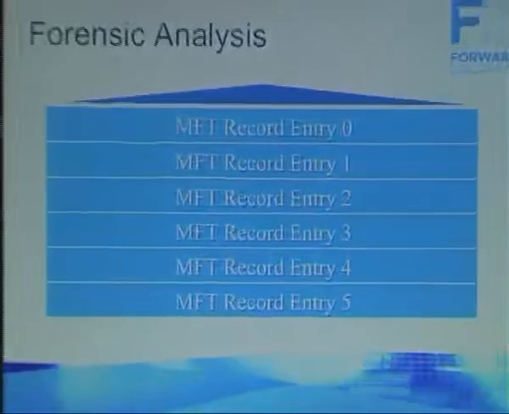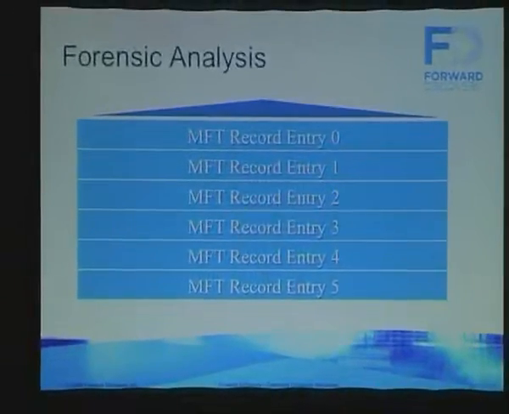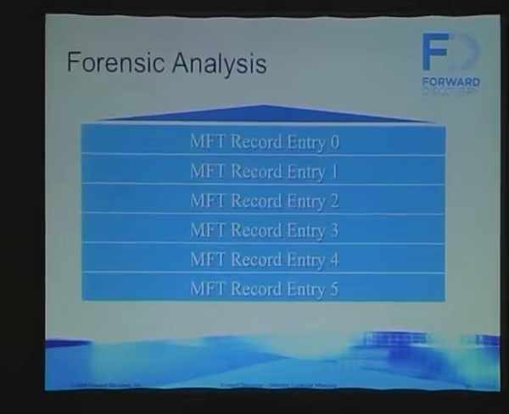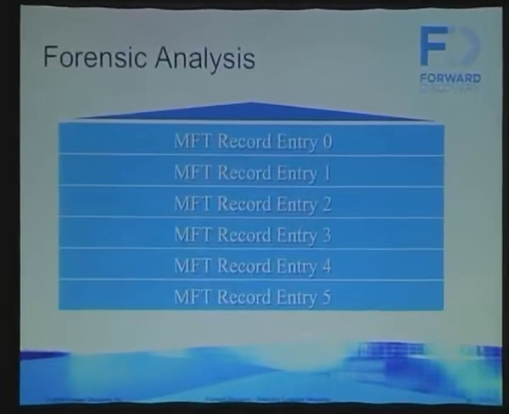But the beauty of it is, timestomp is a little bit inefficient. With NTFS, the new technology file system, all the metadata, the timestamps, information about directory structures, information about contents of directories and files, is contained in a structure called the MFT, the master file table.